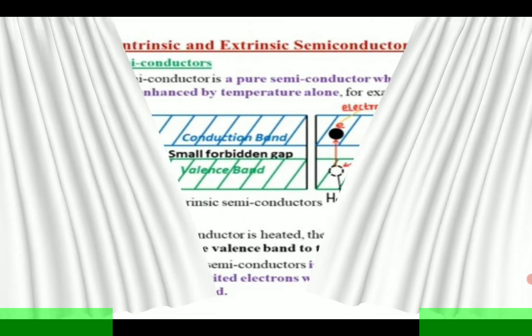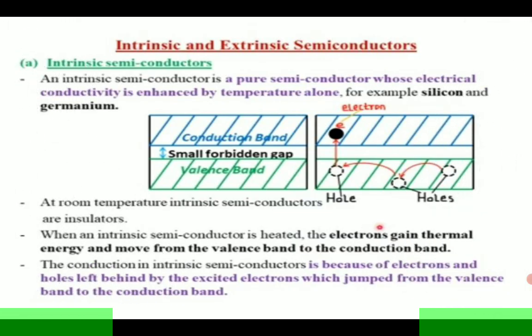In today's lesson, we are going to be looking at the 2 types of semiconductors. You remember semiconductors, by semiconductors we are referring to elements such as silicon and germanium.